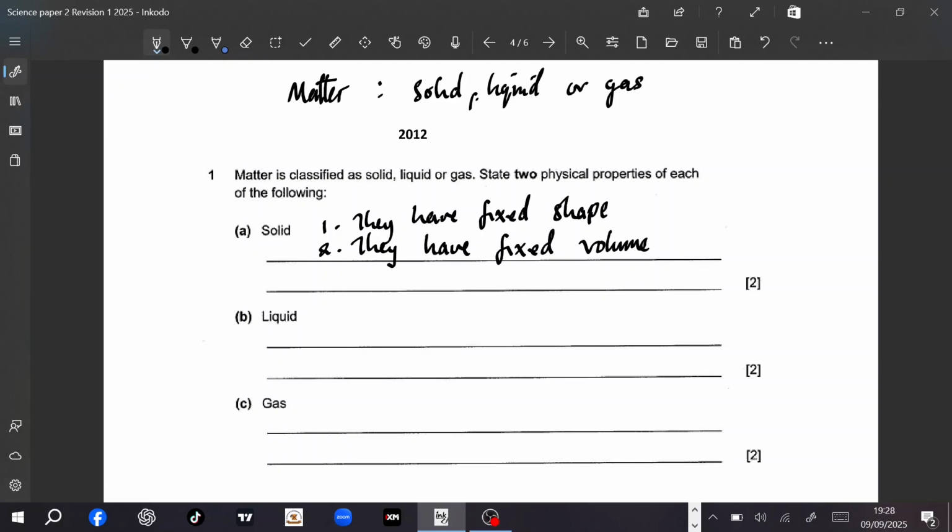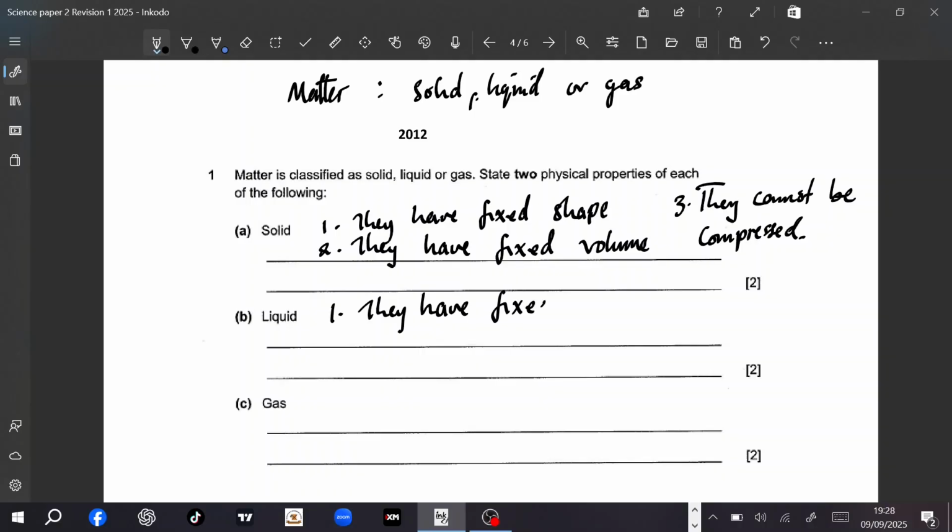Okay, so other than that, you can also say they cannot be compressed. Then in liquids, we can say they have fixed volume.